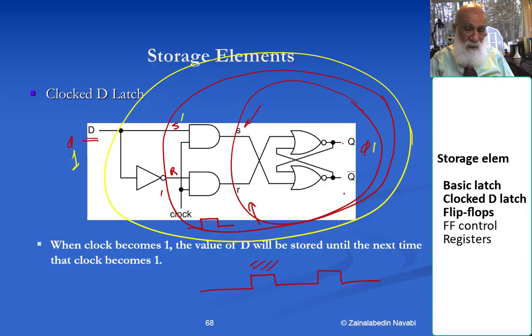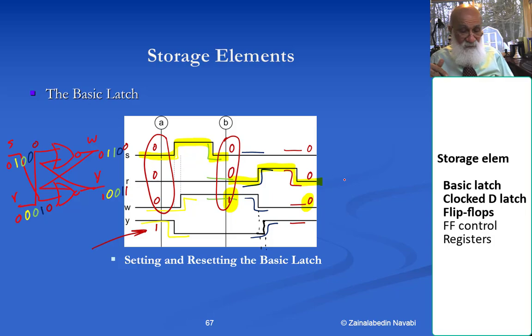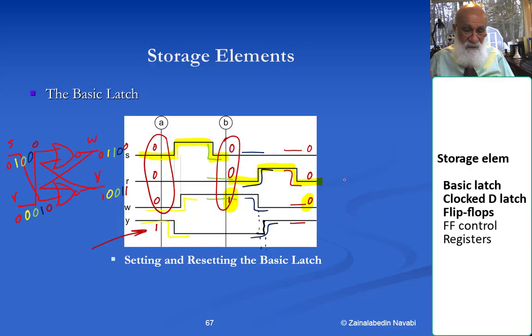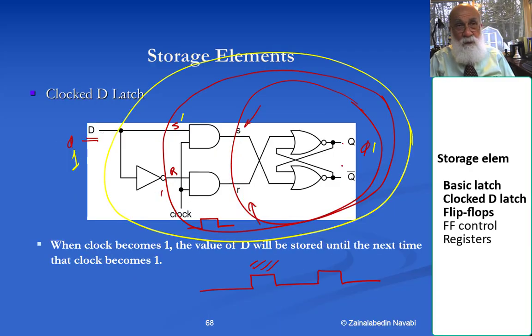And then the Q output, with this feedback here, generates the Q bar output because Y and W in the previous one were always complement of each other anyway. So instead of looking at one as feedback and one as the output, I can look at them both as two outputs which are complement of each other. That's a separate different issue, but anyway. But then the component I have here is called a D-latch.